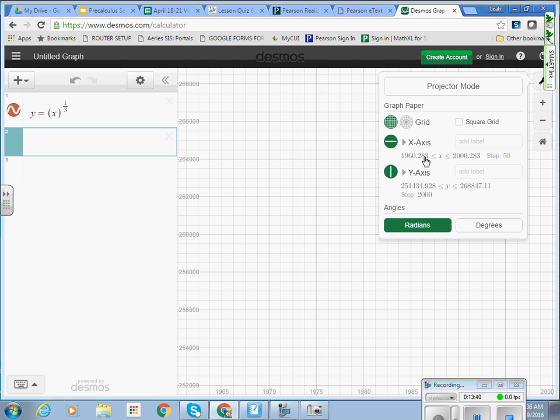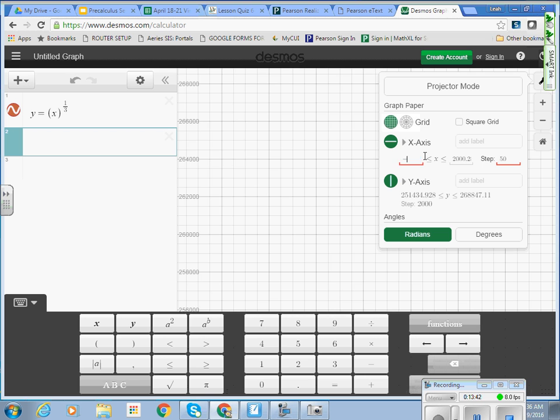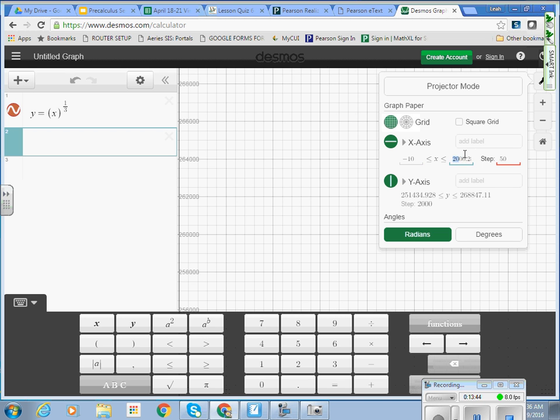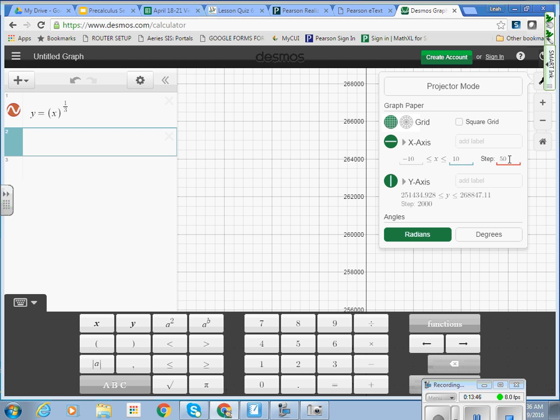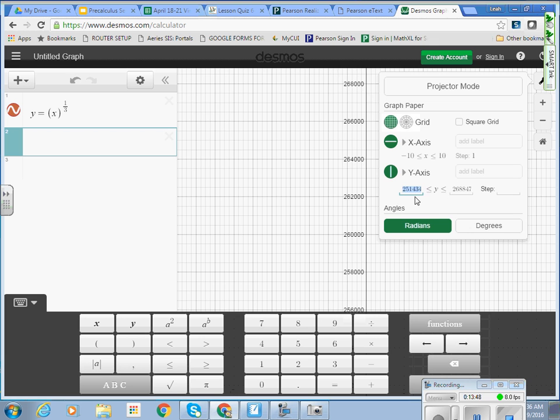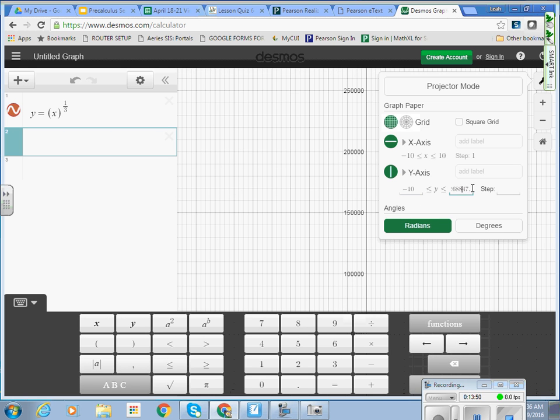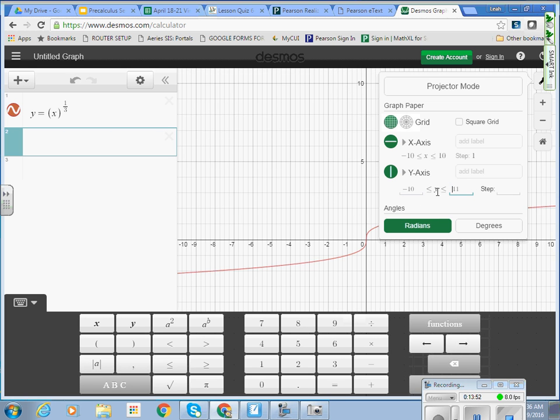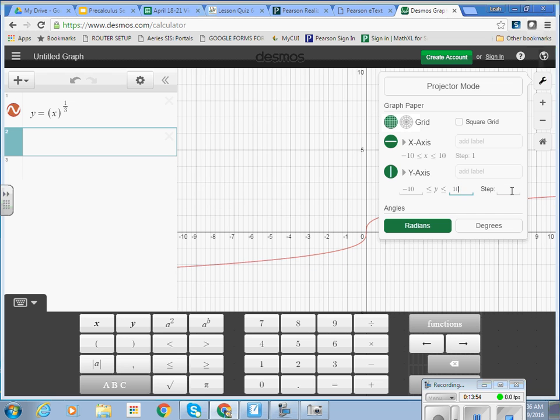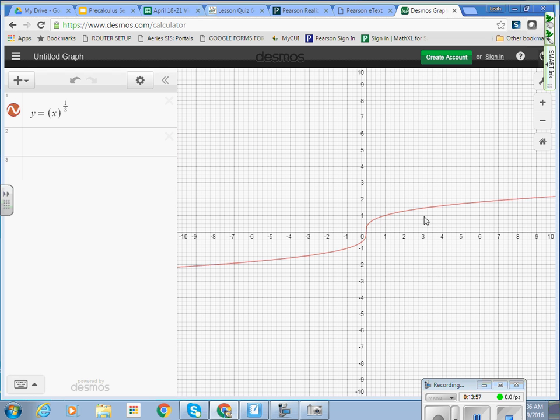Let me get my settings back. Okay, so a cube root function looks like a cubed function just rotated onto its side.